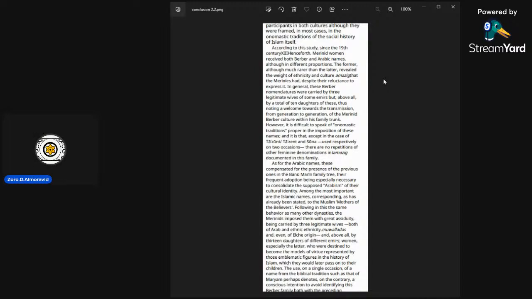These Berber nomenclatures were carried by 3 legitimate wives of some emirs, but above all by a total of 10 daughters. So 10 daughters carried these Berber nomenclatures, which shows a kind of welcome towards the transmission of Berber culture from generation to generation within the family.